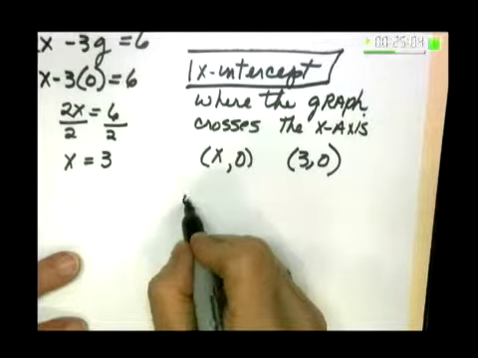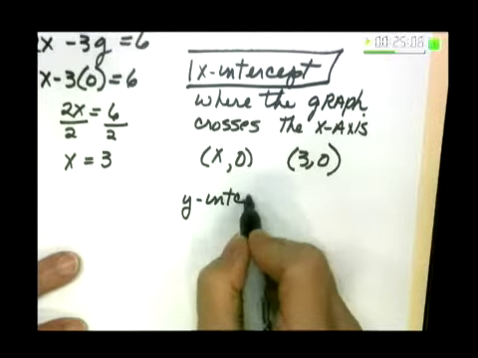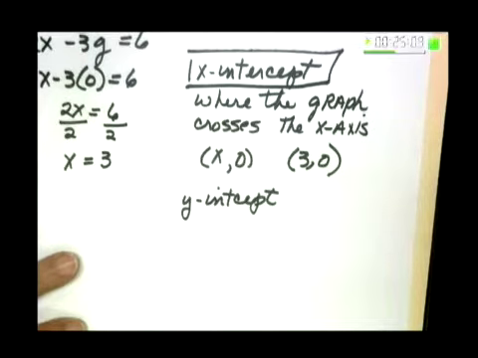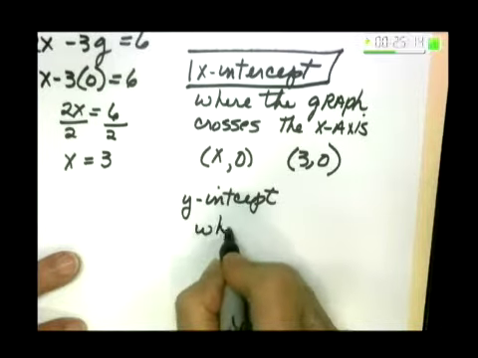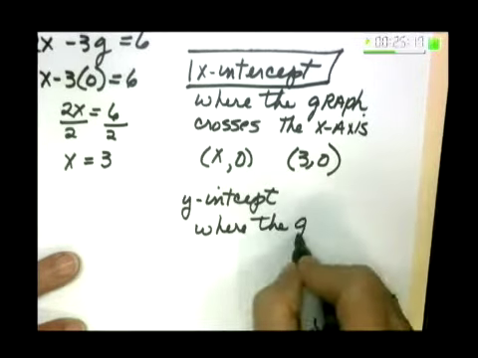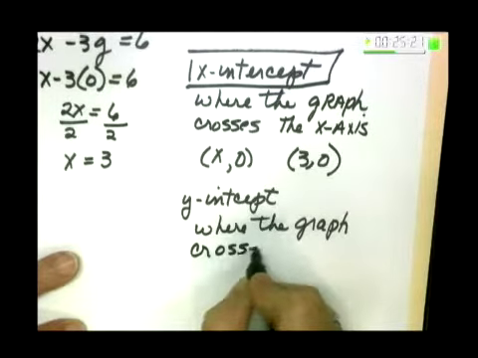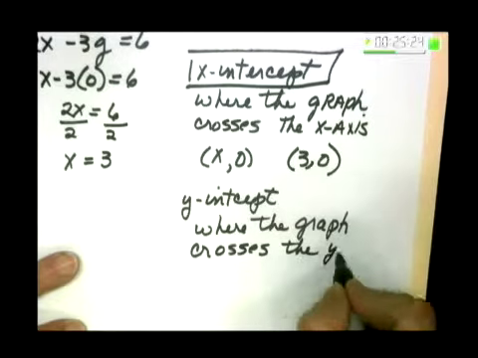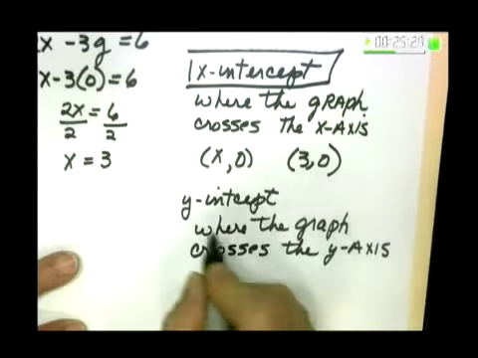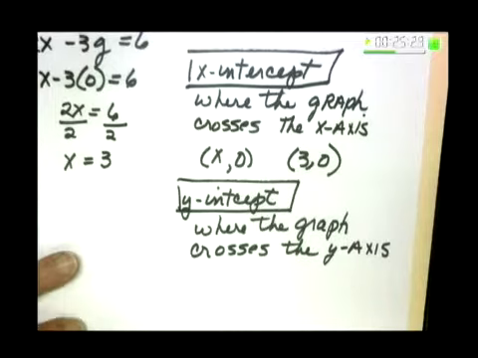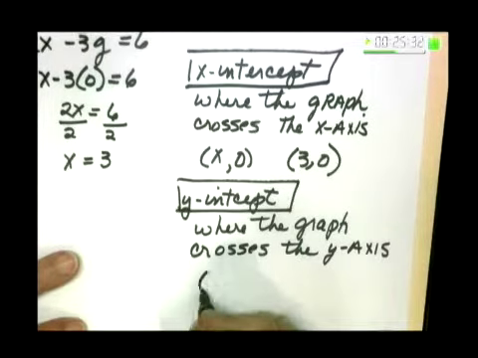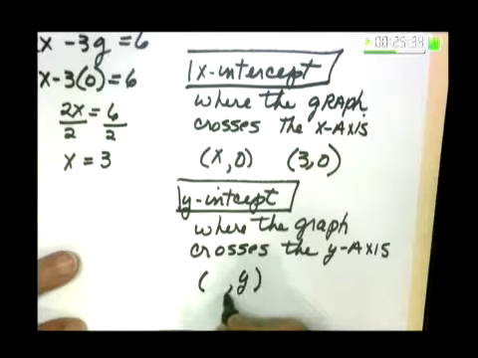Then I want to find the y-intercept. And the y-intercept is where the graph crosses the y-axis. When I want to do that, I want to get a y number, so I make x 0.